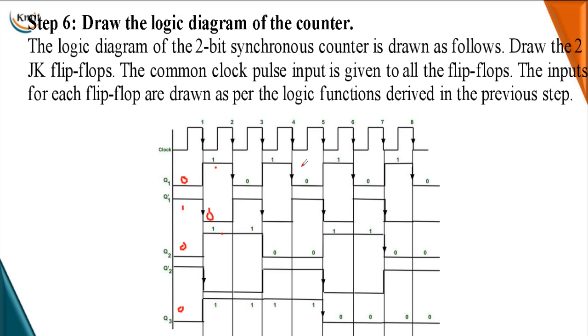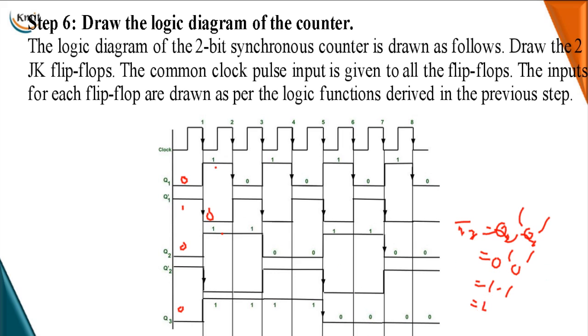As T3 is equal to Q2 bar into Q1 bar, if those two are at the trailing edge, 1 and 1, which is equal to 1. Hence this T3 input is 1 if and only if the complementary states of the first flip-flop and second flip-flop are equal to logic 1.